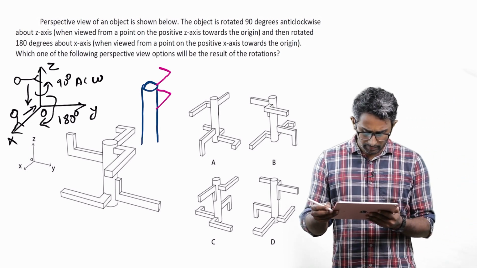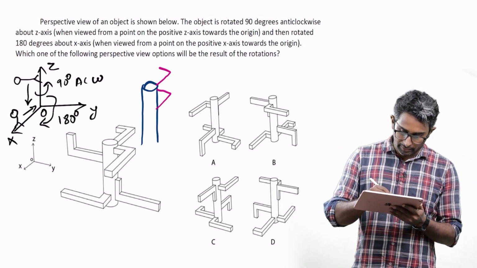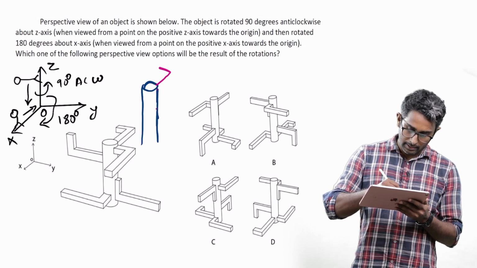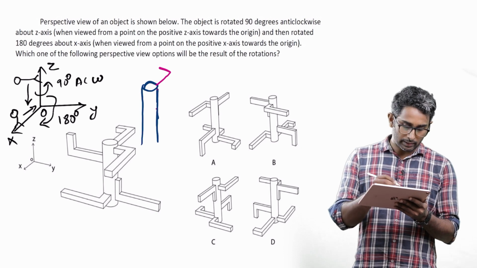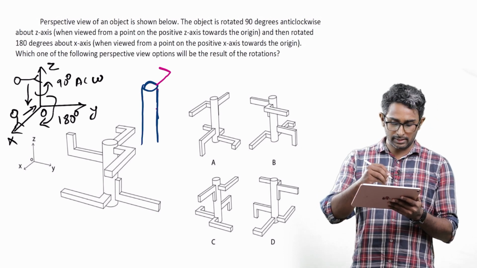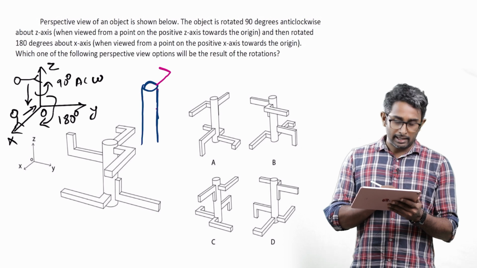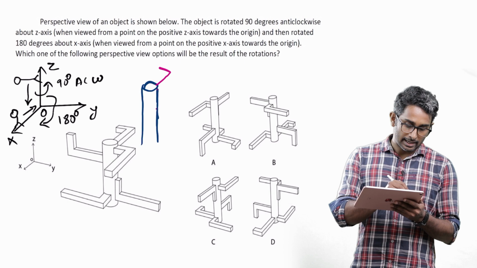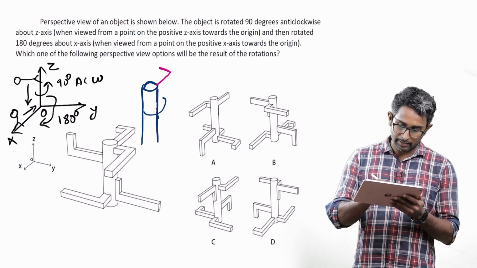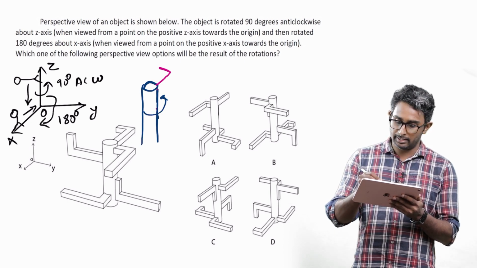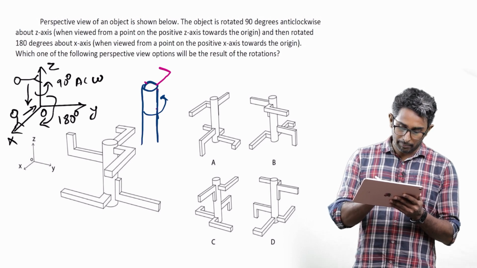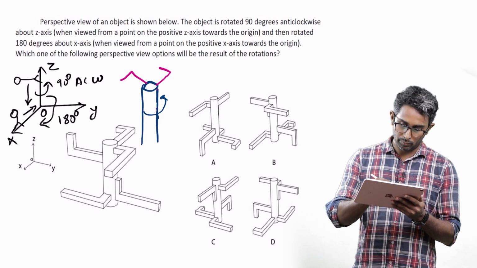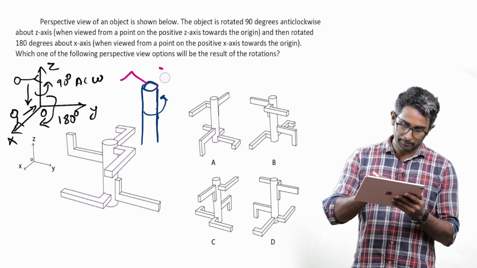Now I am just considering one leg. The first condition is that you have to rotate this object 90 degrees anti-clockwise. We have already obtained the directions here, so looking at the direction figure, we rotate 90 degrees anti-clockwise, and this leg would appear here.